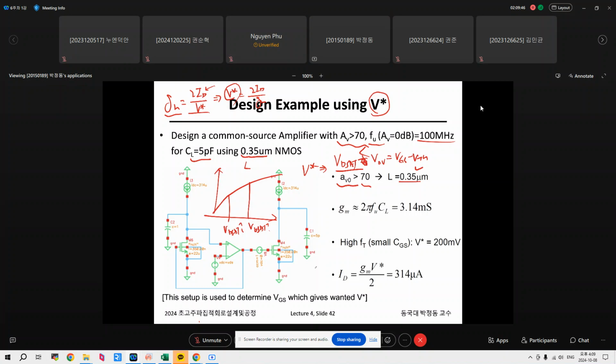Now, how can we define this? This is actually GM divided by CL, divided by 2 pi, and this is 100 megahertz. So from this, we understand the GM has to be this. So we require this transconductance.